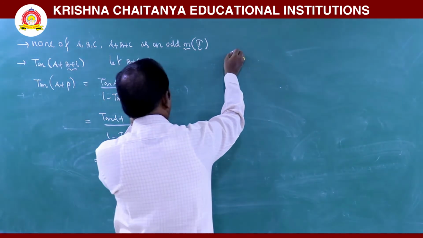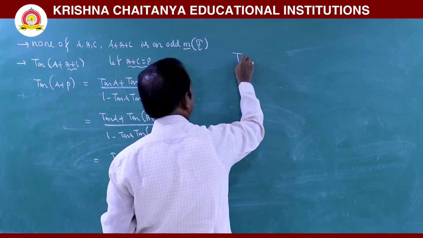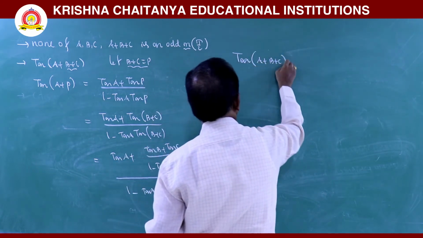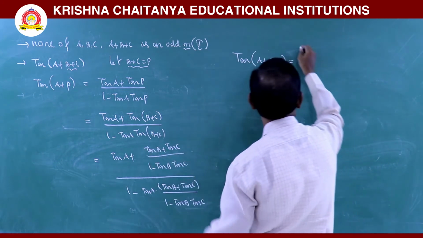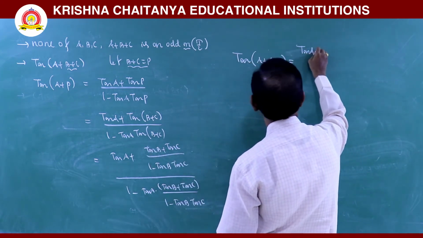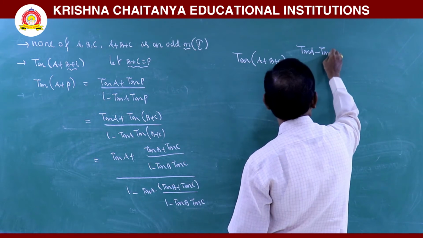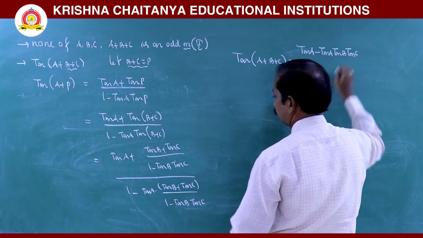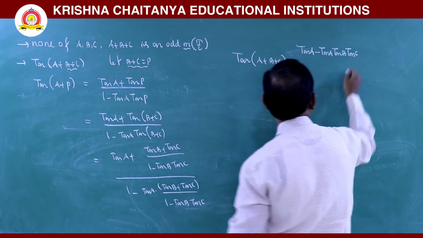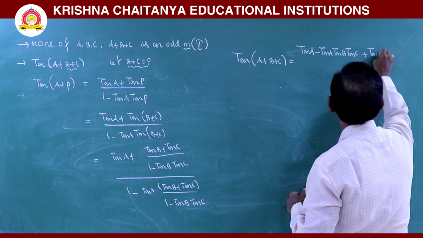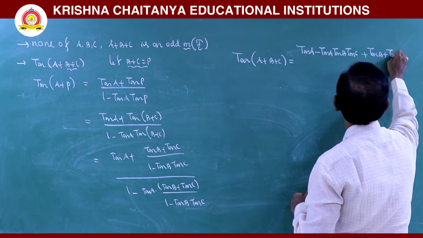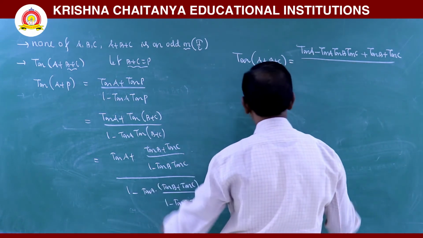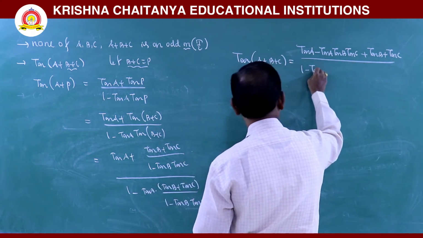Therefore tan(A+B+C) is equal to tan A minus tan A tan B tan C plus tan B plus tan C, whole divided by, after LCM, 1 minus tan B tan C.